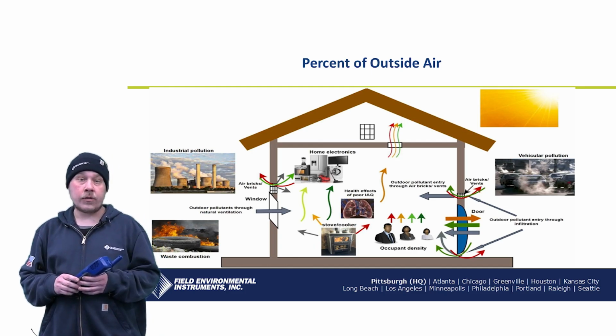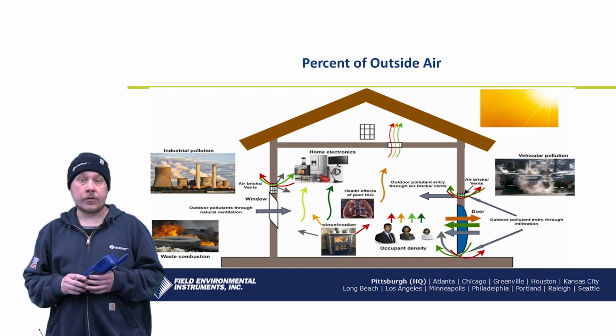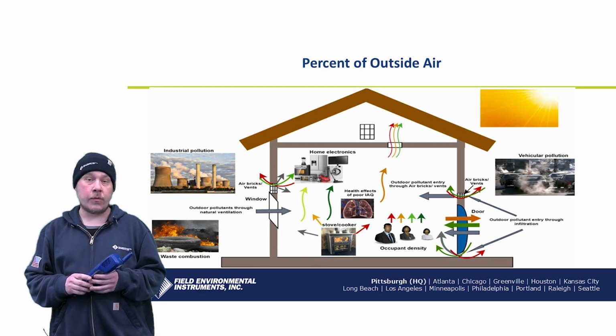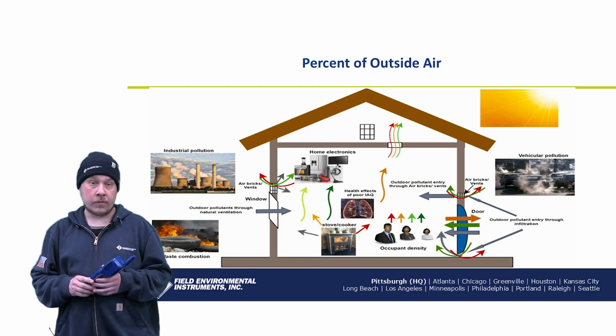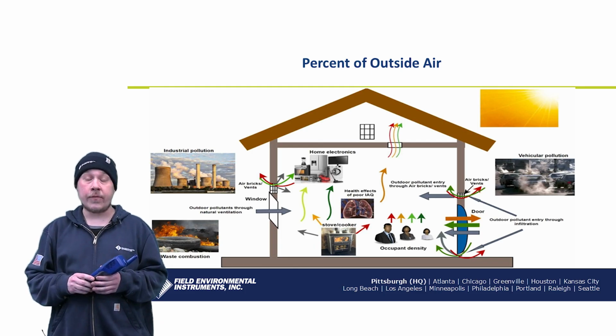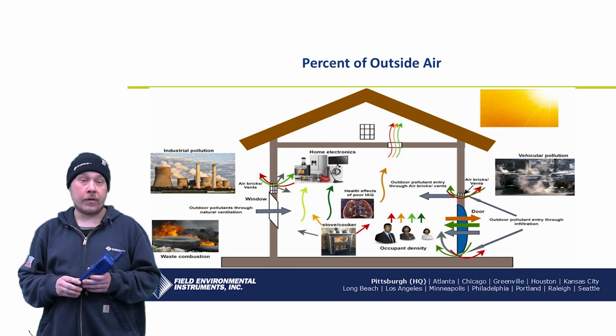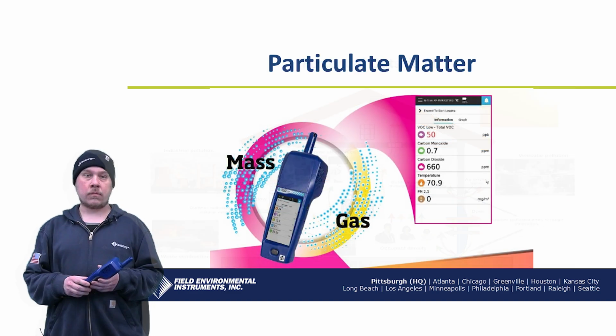Conversely, higher outdoor air percentages can also introduce outdoor pollutants into indoor spaces, potentially worsening the indoor air quality if the air is not adequately filtered. So monitoring the effectiveness of the ventilation system is key to having good indoor air quality.